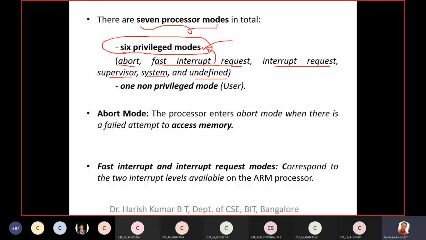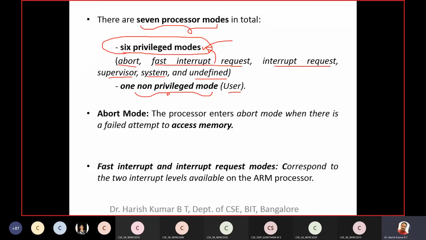When you make your microprocessor or microcontroller operate in these 6 privileged modes, it is possible for you to read the entire Cpsr register and write the entire Cpsr register. And there is only one thing left, that is the user mode, which is a non-privileged mode.